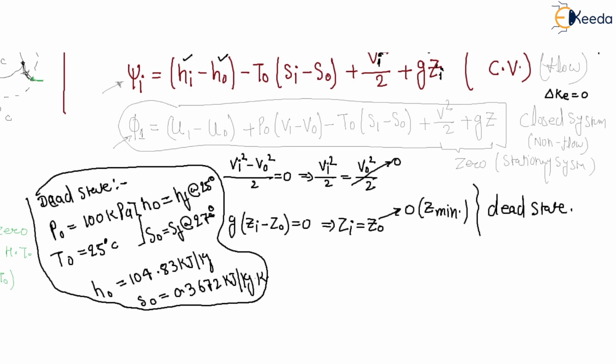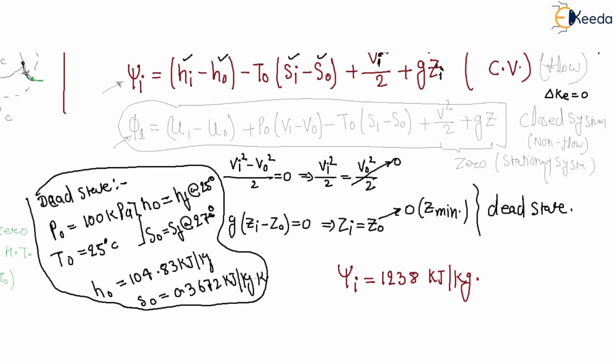So you have H1, Hi, H0, Si, S0 and this is 0. If you put all this value, the psi at inlet is 1238 kilojoule per kg. So this does not count the kinetic and potential energy.